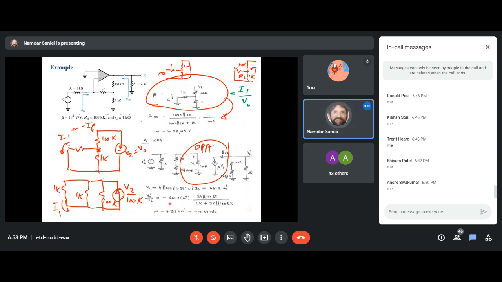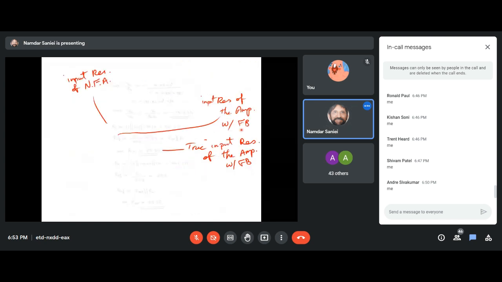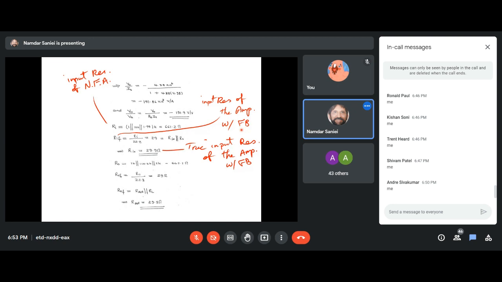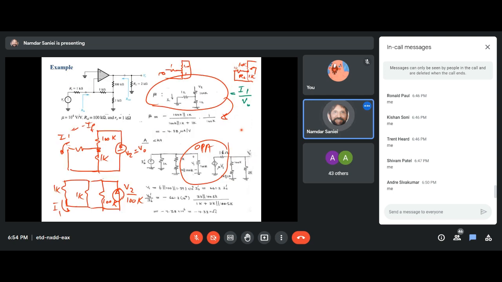And so this would give us VO. So VO will become in terms of IS, because V1 was in terms of IS. VO over IS, which is the trans resistance gain, is given by this, 4.4 mega ohm almost. Okay. Now, that was the newly formed amplifier gain, A, right?